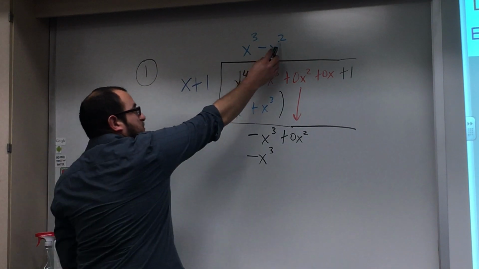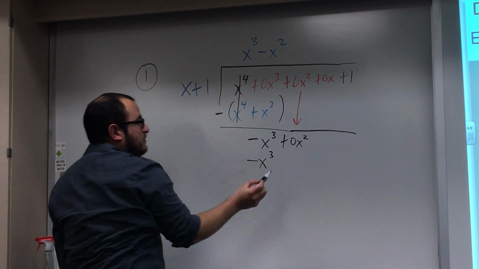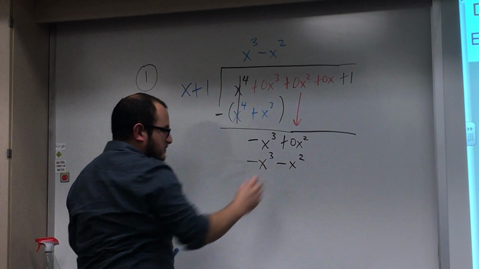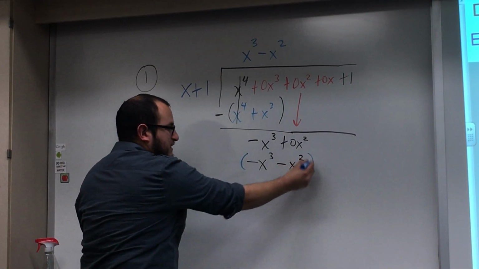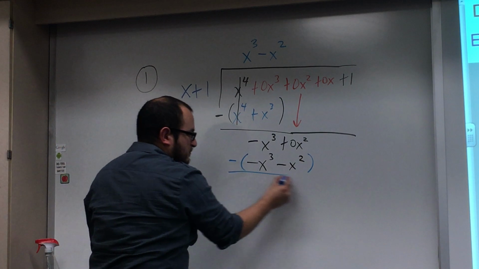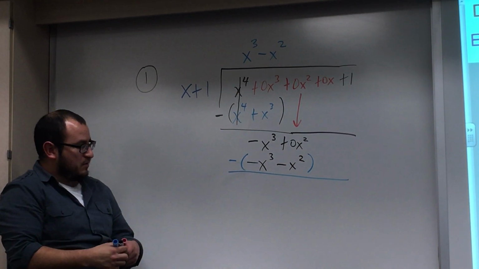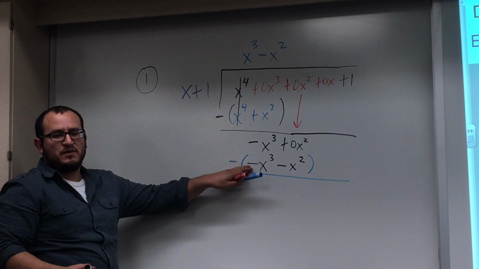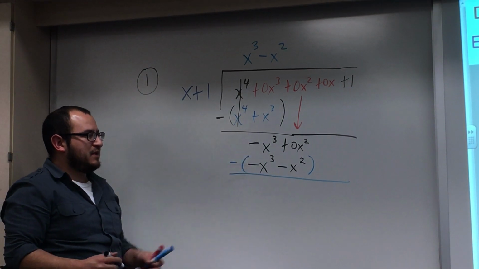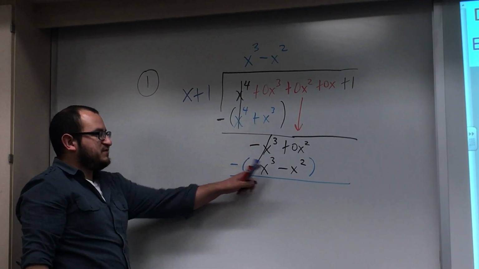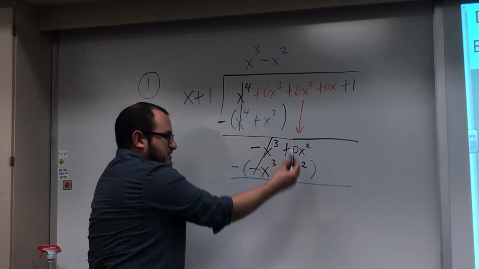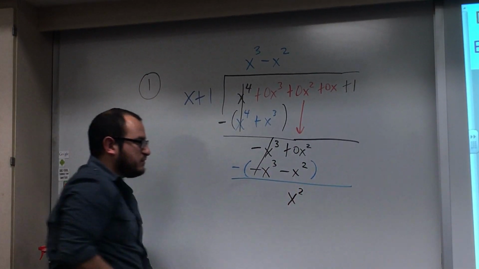X squared times 1 is negative x squared. But remember, every time you're moving on to the next line, you're always subtracting. Alright, so a negative times a negative is a positive, and when you add that to the negative x cubed, these are gone. Negative times a negative is a positive, 1 plus 0 is still 1, x squared.